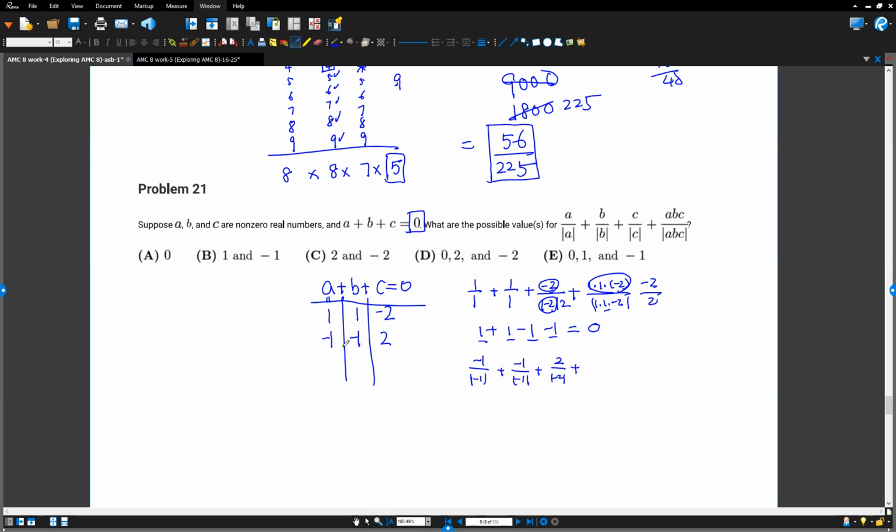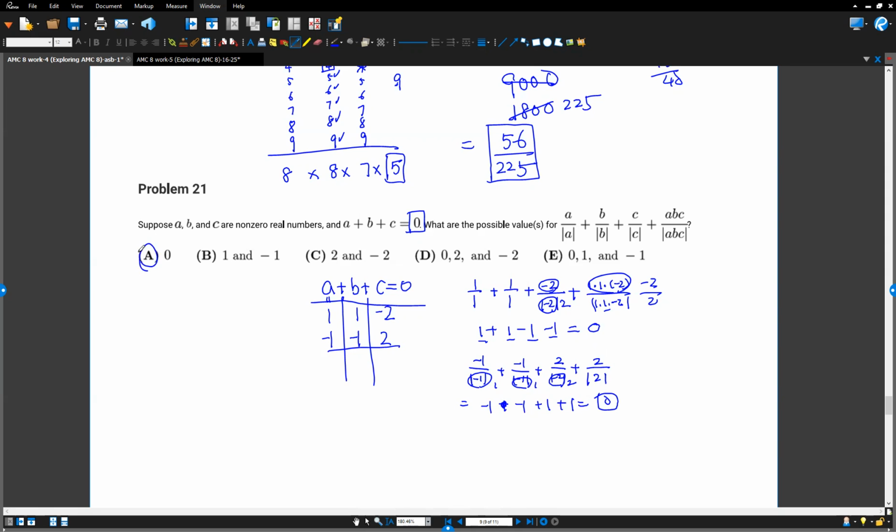And ABC all multiplied is -1 times -1 times 2, which is +2, over the absolute value of +2. This is 1, this is 1, this is 2, right? -1 over 1 is -1, -1 over 1 is -1, 2 over 2 is +1, 2 over 2 is +1, always the same result. That's only one answer over here.